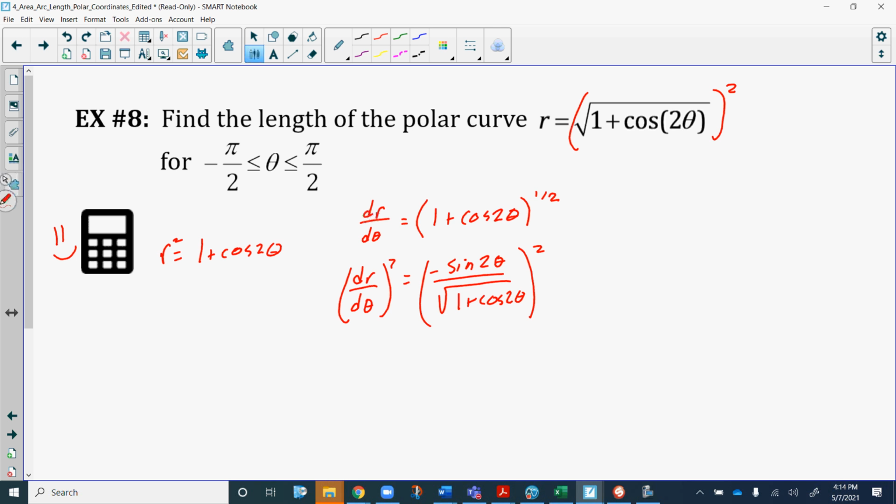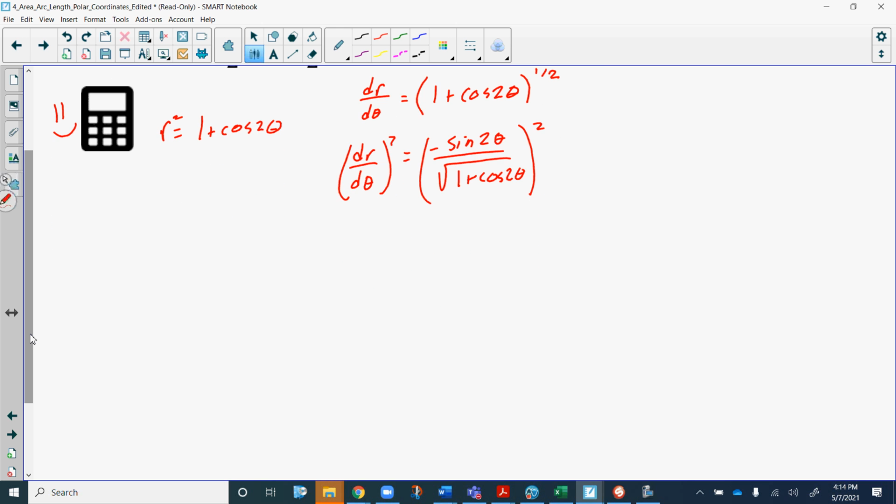Now I have r squared and I have my derivative of r squared, so we can find the length, and we're definitely using a calculator for this one. They gave us the interval from negative pi over 2 to positive pi over 2. I'm not going to bother trying to do anything with symmetry with this one. I'm just going to take the numbers they gave us because we're using a calculator.